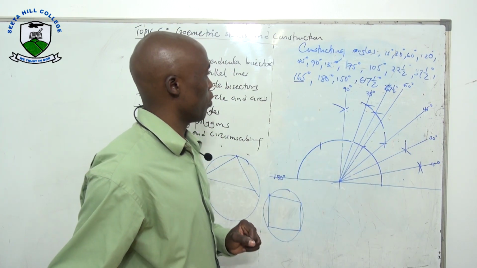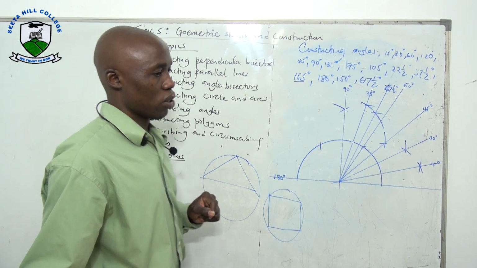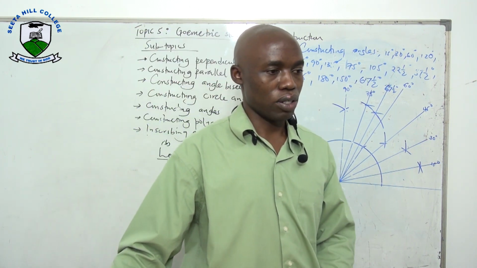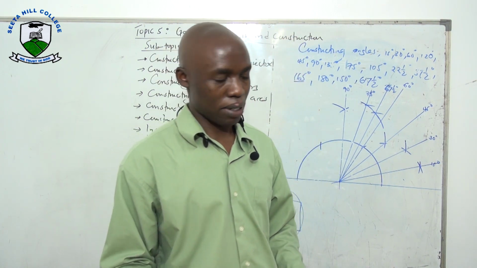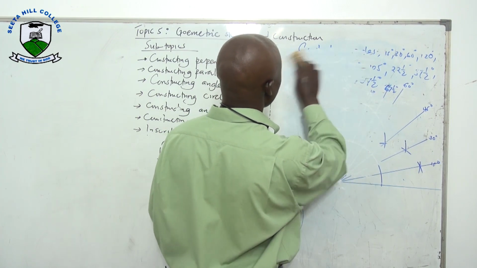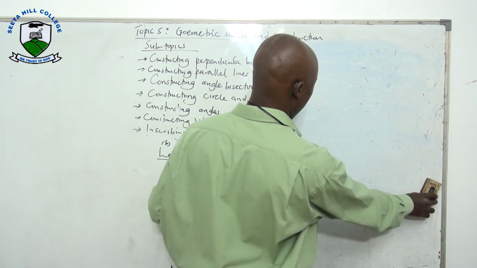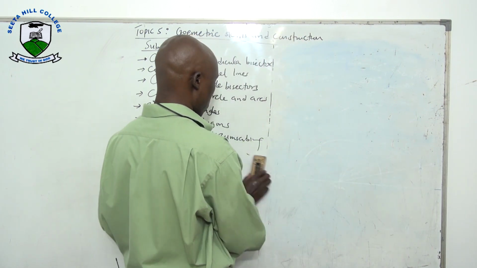Now we shall right away go to constructing the polygons. There are many polygons, and we shall start with a square, rectangle, rhombus, parallelogram.